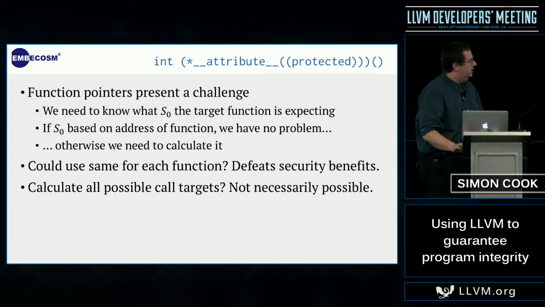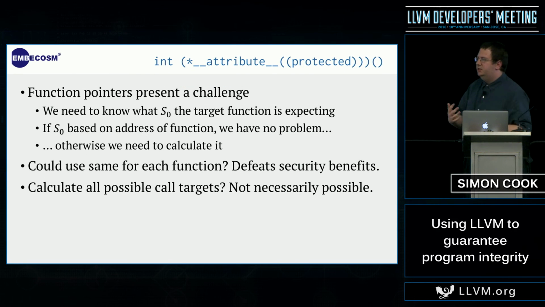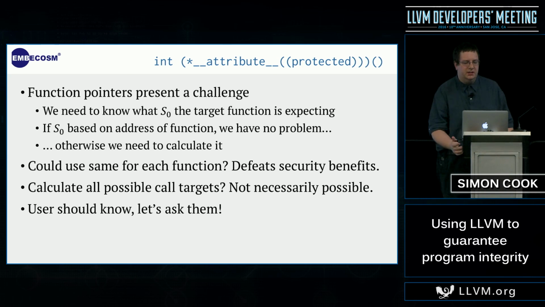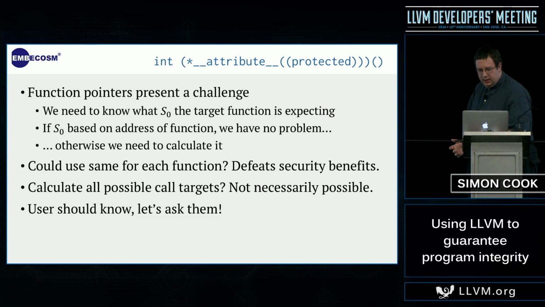And what we decided to do in the end is use the fact that a user will know what functions they want to call. They're writing them. So what we've ended up doing is extending our attribute to just add some string.